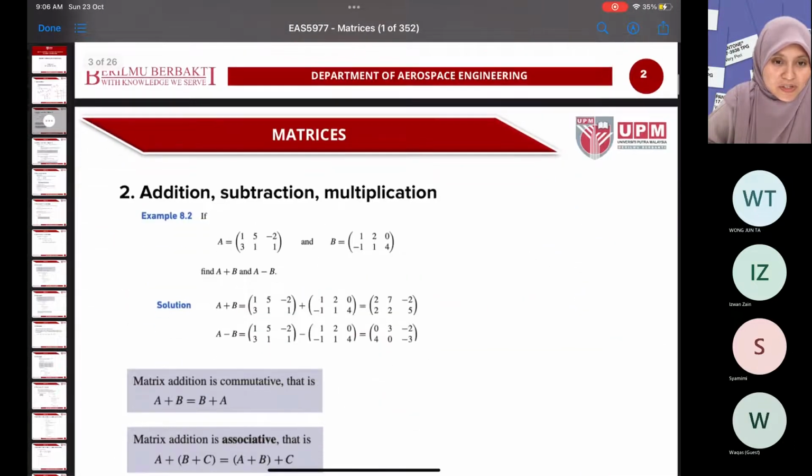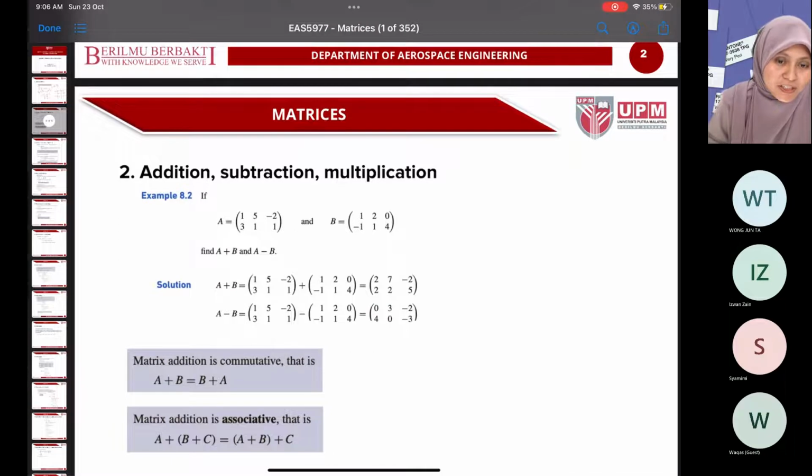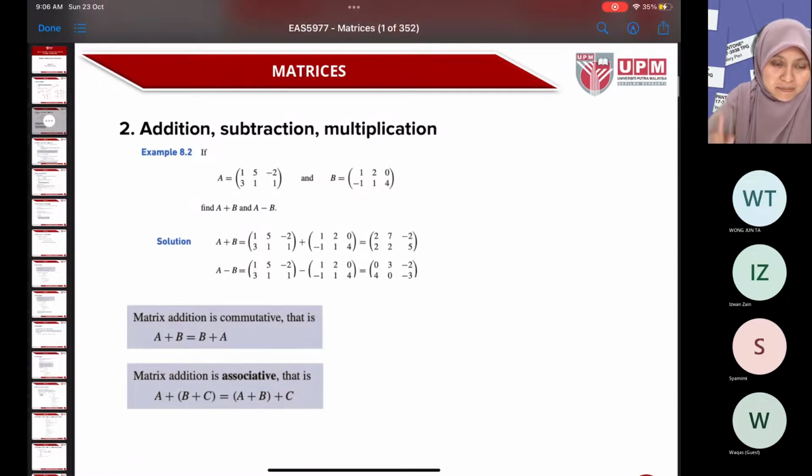Some rules concerning matrix addition, subtraction, and multiplication. If you have matrices A and B, both 2 times 3, we can find A plus B and A minus B. For addition and subtraction, the rule is that the sizes of the matrices must be the same.